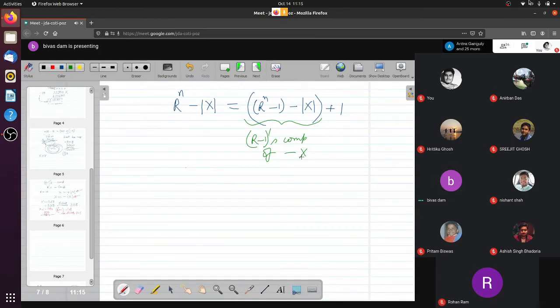Yes? First, find out the R minus 1's complement of minus x by subtracting all the digits from 9, or R minus 1, and then add 1 to the least significant position of that number.